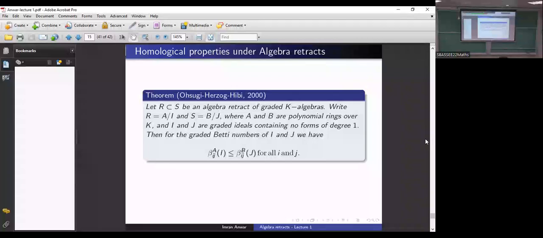Assume that we have two simplicial complexes, and we know that the Stanley-Reisner rings are algebraic retracts of a polynomial ring.